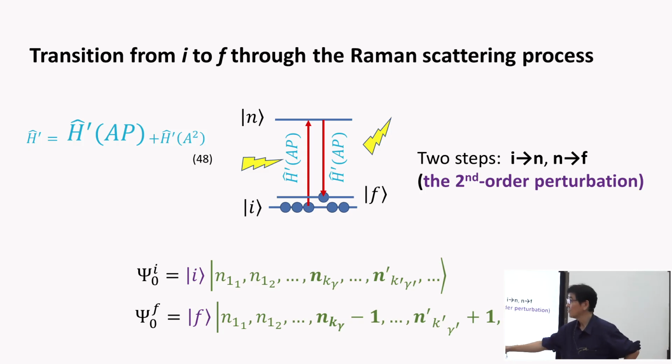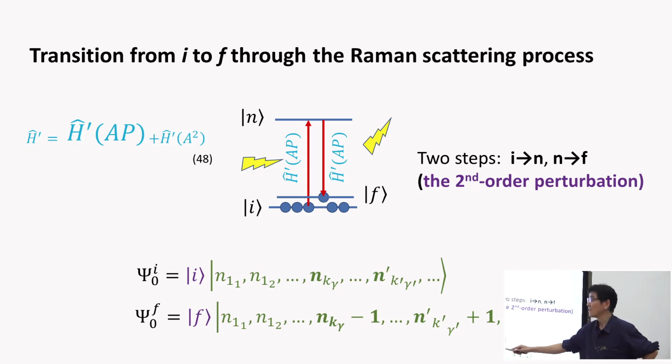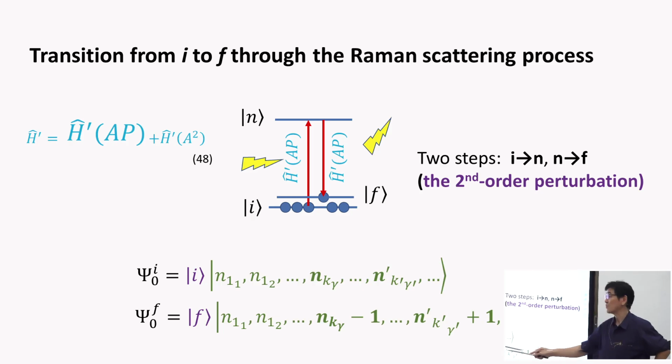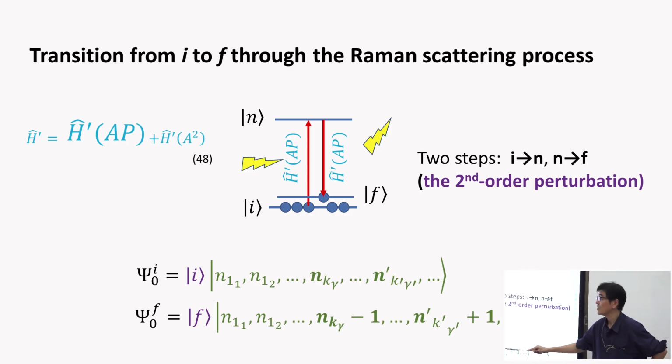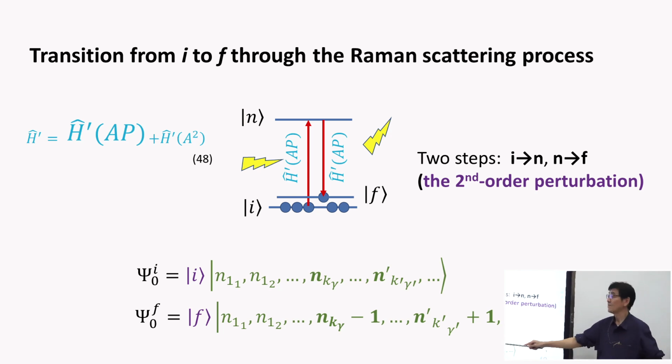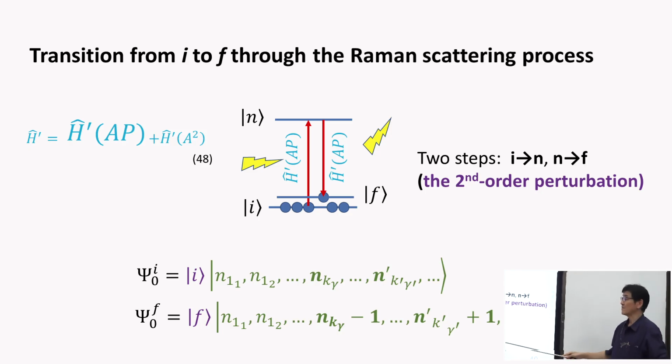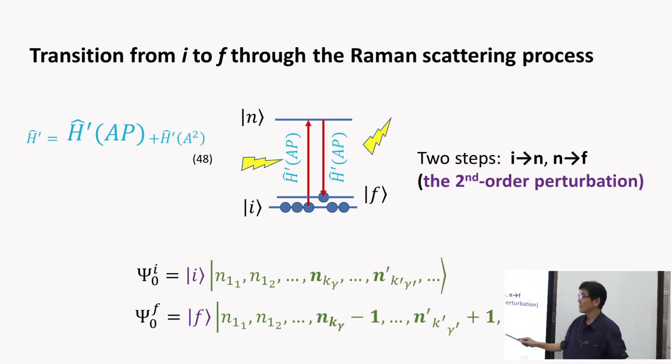Initial state, the wave function is expressed as a product of the wave function indicating that of the molecule I and the status of the radiation by listing the number of photons. And the final state is here.